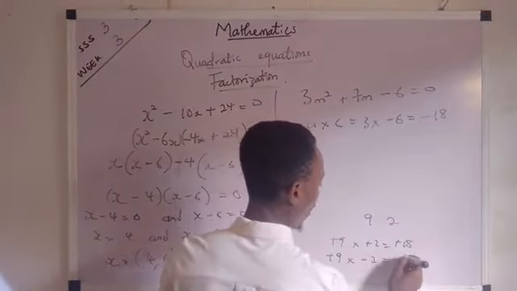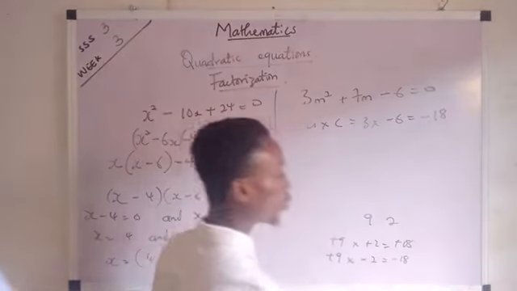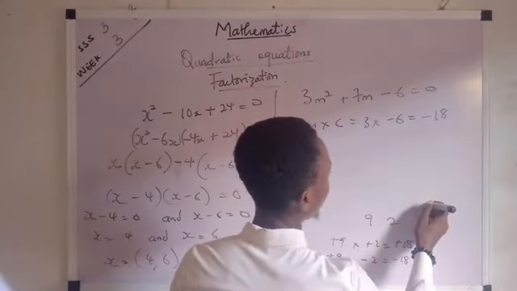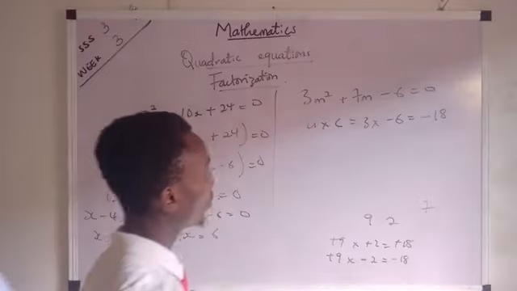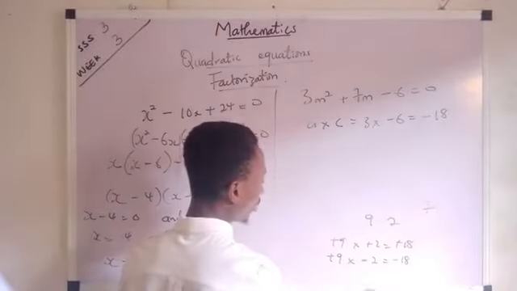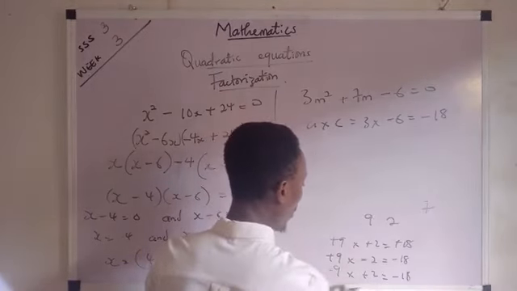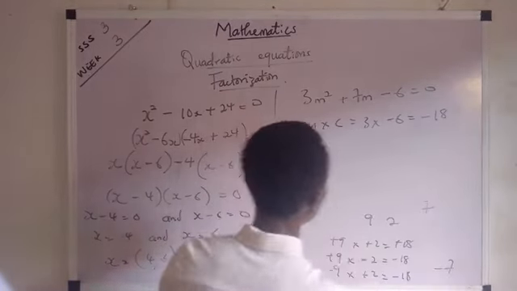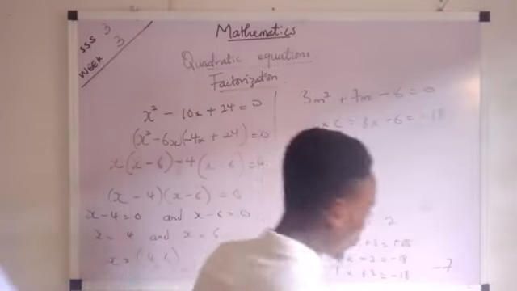Minus 18, right? Also, when you add it together, plus 9 plus minus 2 will give us what? 7, right? Now if we were to use minus 9 times plus 2, it also gives us minus 18, but you add this together to give us minus 7. But we are looking for plus 7, so it will be plus 9 and minus 2.